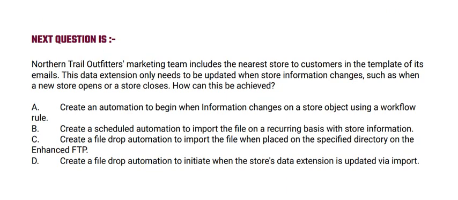Next question is: Northern Trail Outfitters marketing team includes the nearest store to customers in the template of its emails. This data extension only needs to be updated when store information changes, such as when a new store opens or a store closes. How can this be achieved? Options are option A, create an automation to begin when information changes on a store object using a workflow rule.